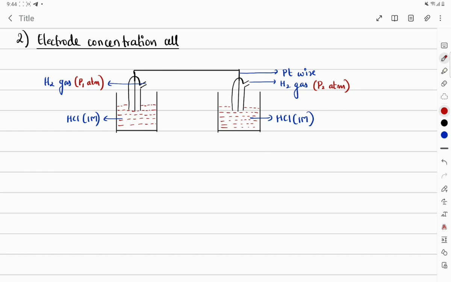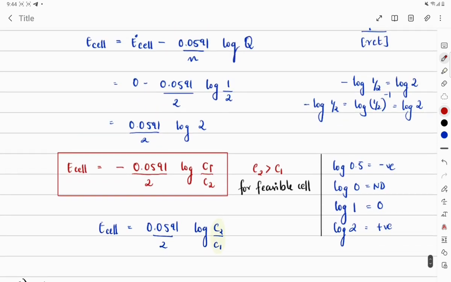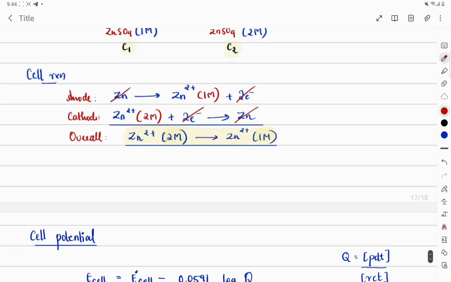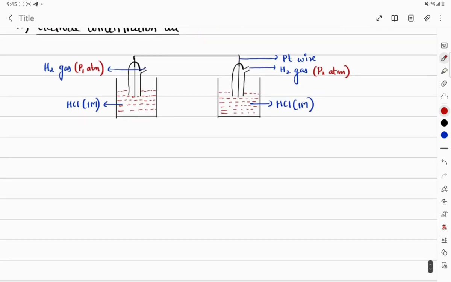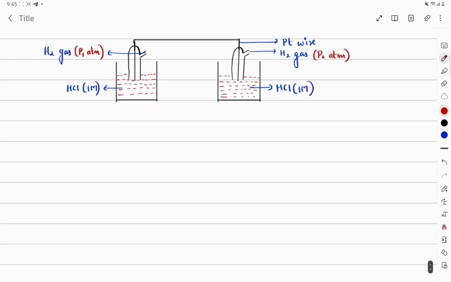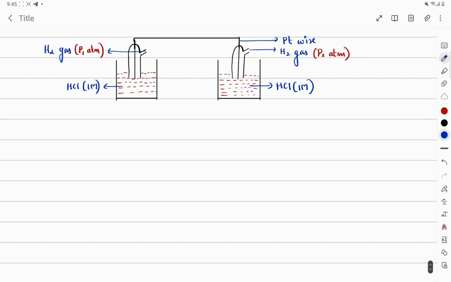And what will we do for electrolyte cell? After drawing the diagram, we found the cell reaction, anode, cathode, and overall cell reaction, and then the cell potential. So for this also, let's find what's the cell reaction, or what's actually happening in the cell. In case of anode, we have to oxidize the hydrogen gas into H plus.